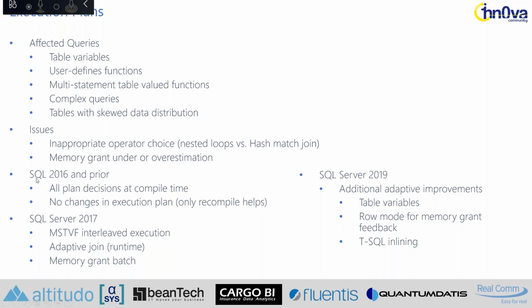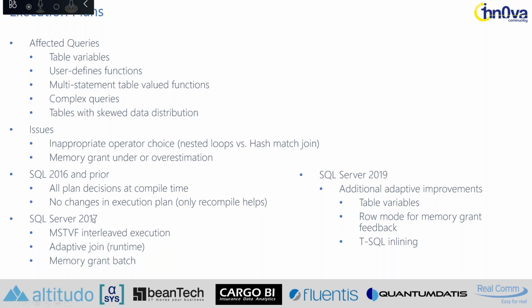In SQL Server 2016 and prior, all plan decisions are made at compile time, meaning that once the execution plan is created and cached, SQL Server cannot change it. It changes only if you remove it from cache, or SQL Server, because of memory pressure, removes it from cache and creates a new plan that is stored in the cache.